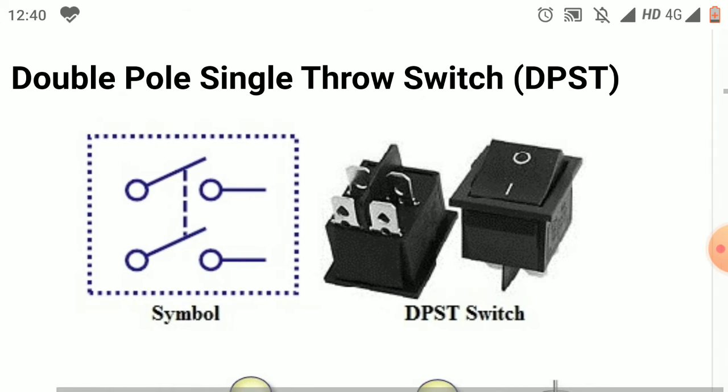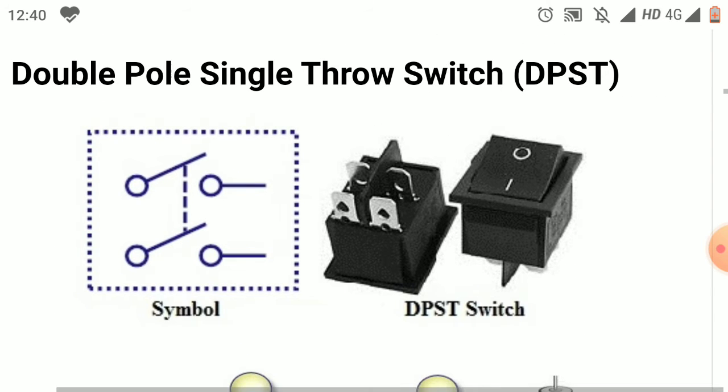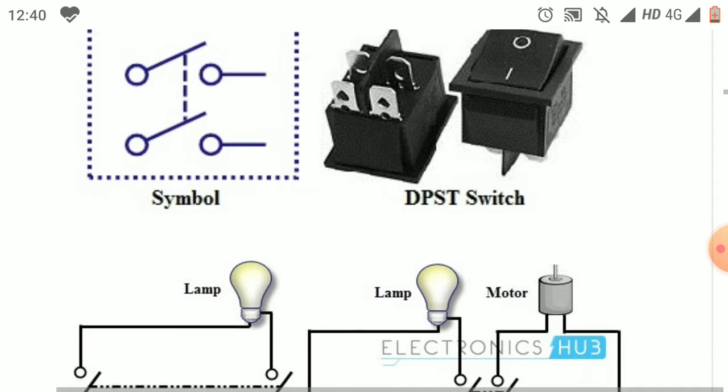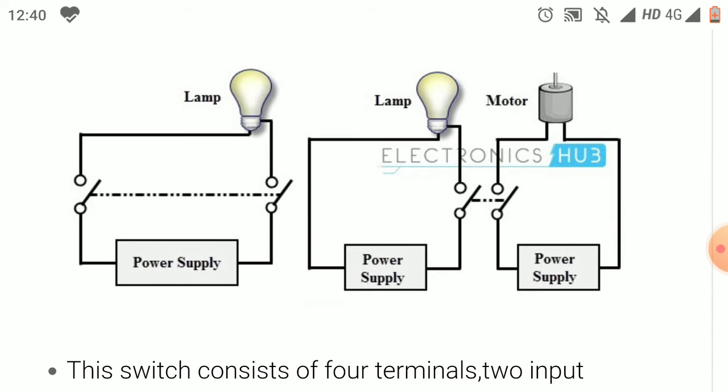Next we have the double pole single throw switch. The symbol is given over here. See, the circuit is given. In that we have two circuits here. One is a power supply given to a lamp, another is a circuit having a power supply given to a motor.